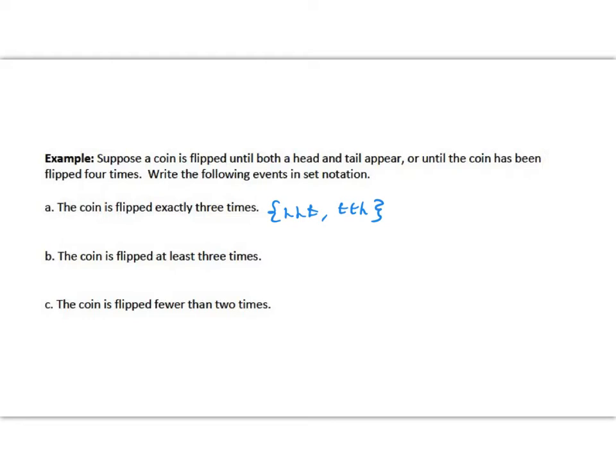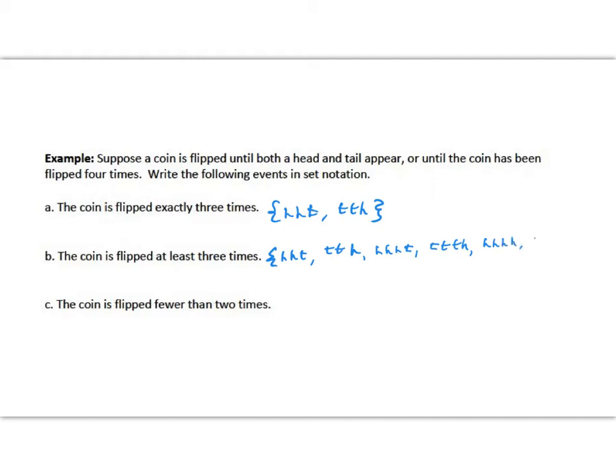Now, if it was flipped at least 3 times, then you could have those situations. Or you could have the situation where you toss the coin 4 times. So you could get 3 heads and a tail, 3 tails and a head.